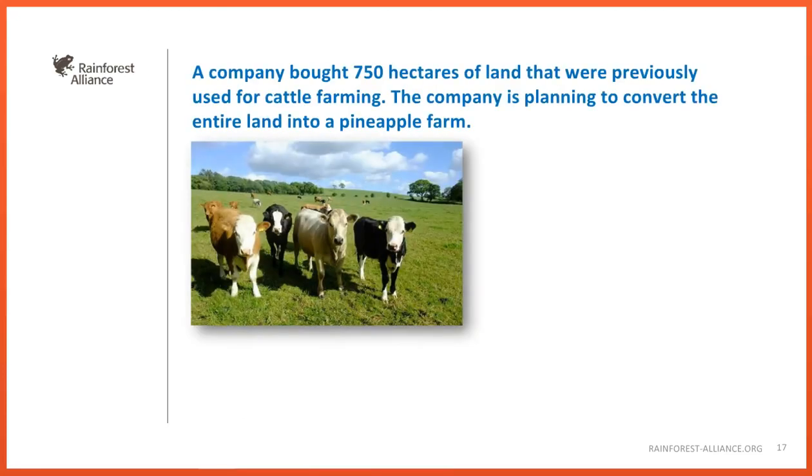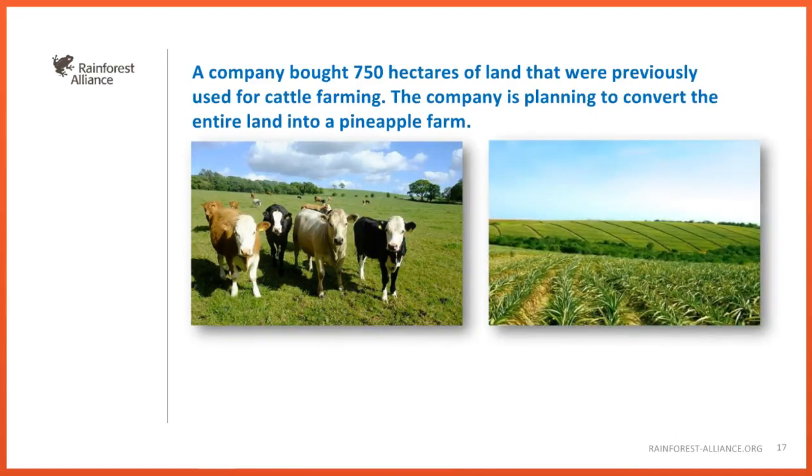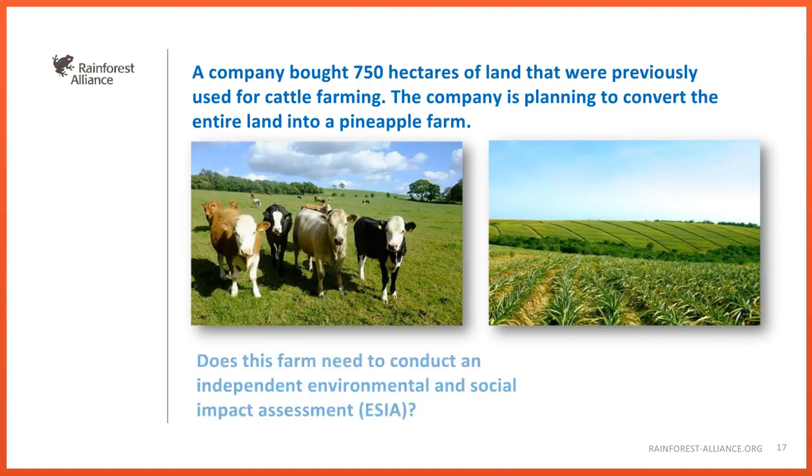Next quiz. A company bought 750 hectares of land that were previously used for cattle farming. The company is planning to convert the entire land into a pineapple farm. Does this farm need to conduct an independent environmental and social impact assessment, or ESIA?